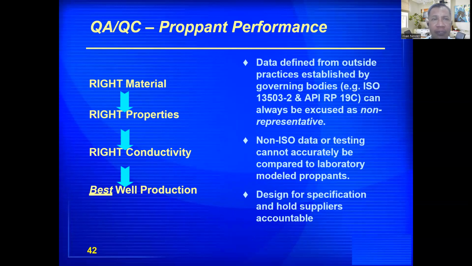The last design for specification slide gives you some ideas about different things that we need to look at. Hold the proppant companies accountable. Make sure they have ISO compliant facilities, and that they are doing proper sampling and sieve analysis, because in many cases the operator is the end user of the proppant. The bottom line here is that if you go through the guideline, you not only hold the supplier accountable, but you make them help you.